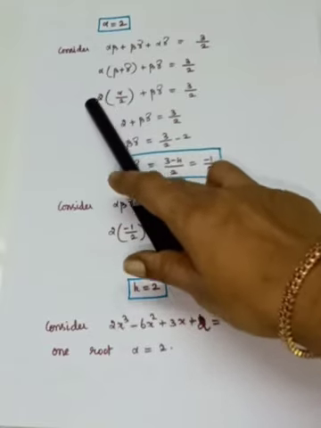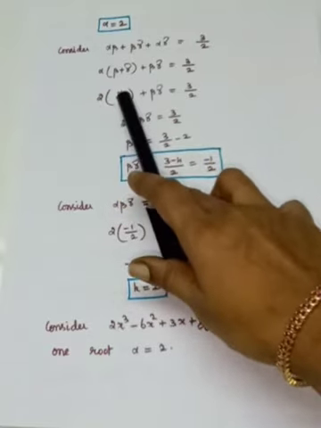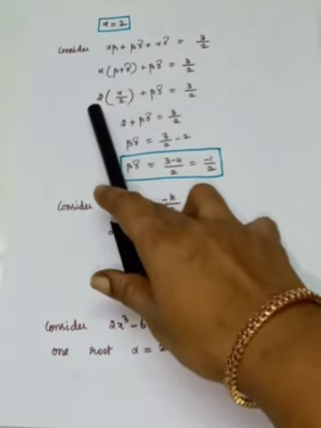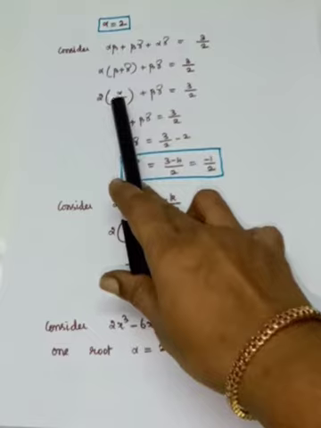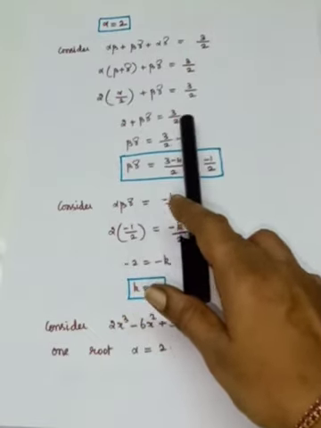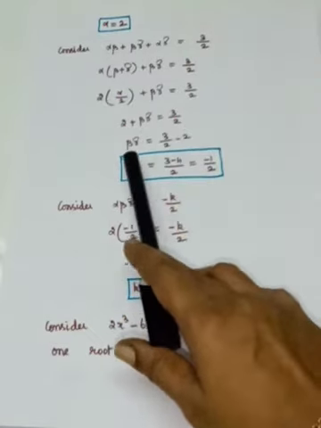So this 2 and this 2 getting cancelled. In the place of alpha, you have to substitute again 2. So 2 plus beta gamma is equal to 3 by 2. So beta gamma is equal to 3 by 2 minus 2. When you take LCM, 3 minus 4 divided by 2, that is equal to minus 1 by 2.